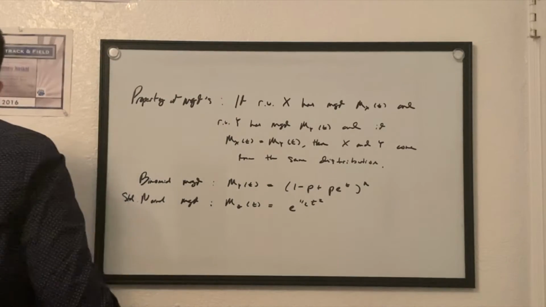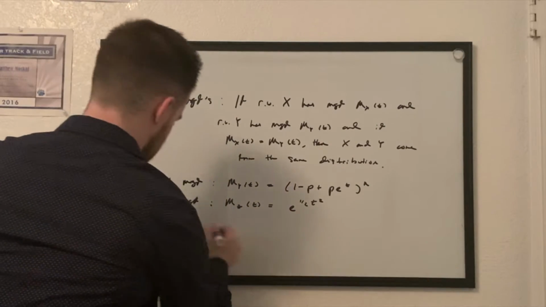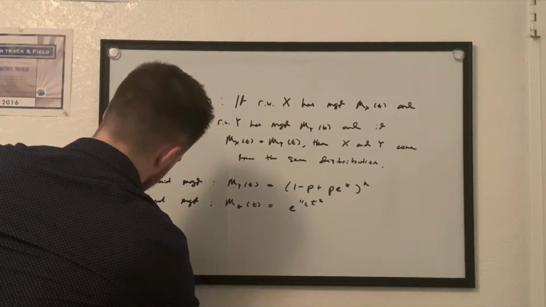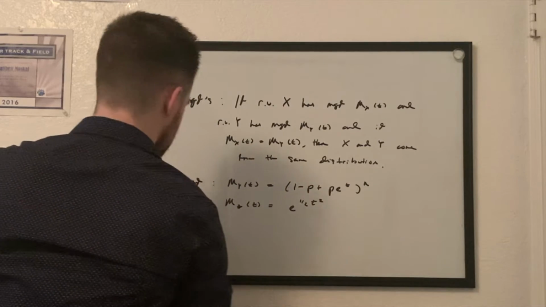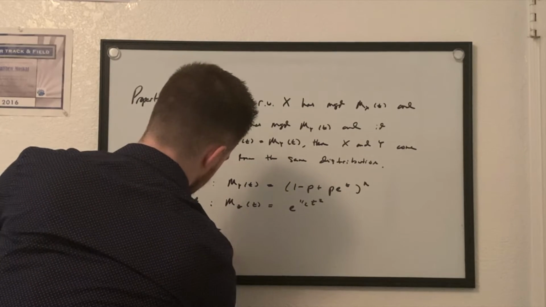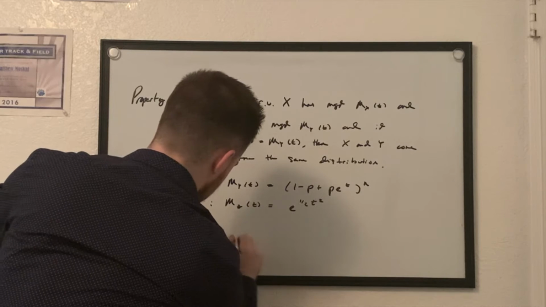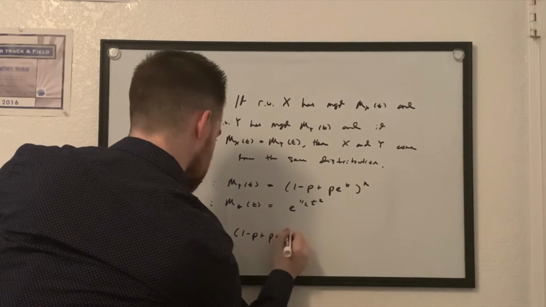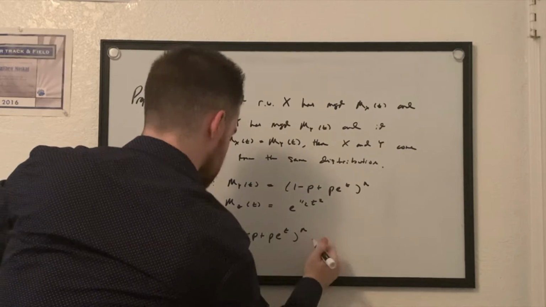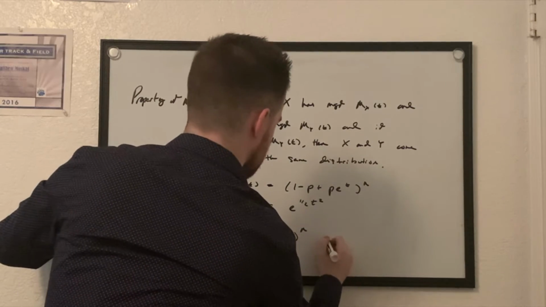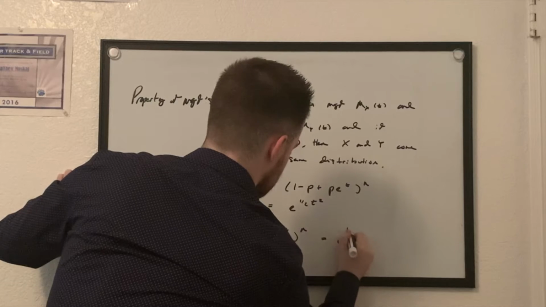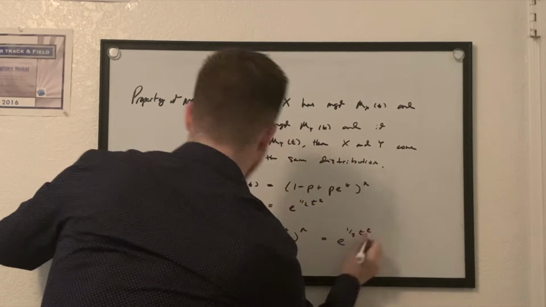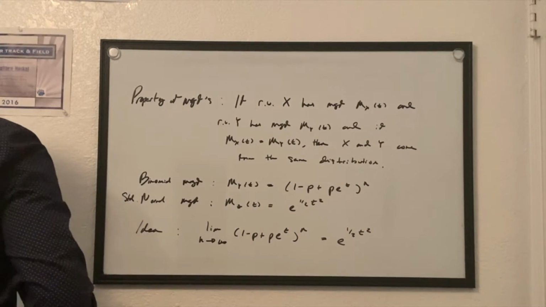So the idea is that the limit as n goes to infinity of (1 - p + p e^t)^n will equal e^(t^2/2).